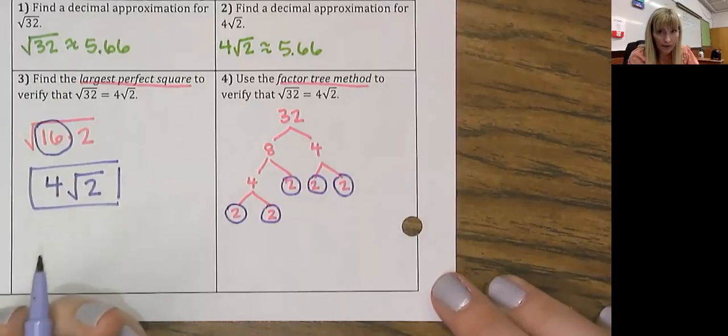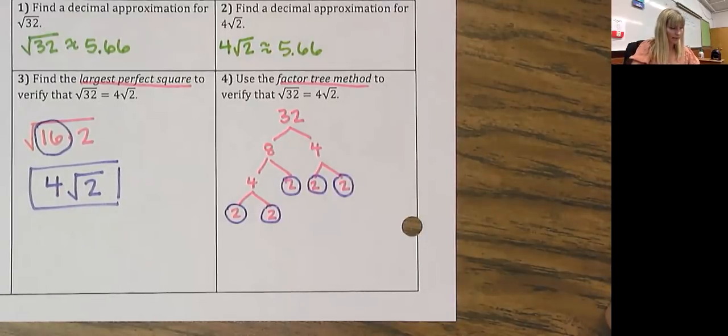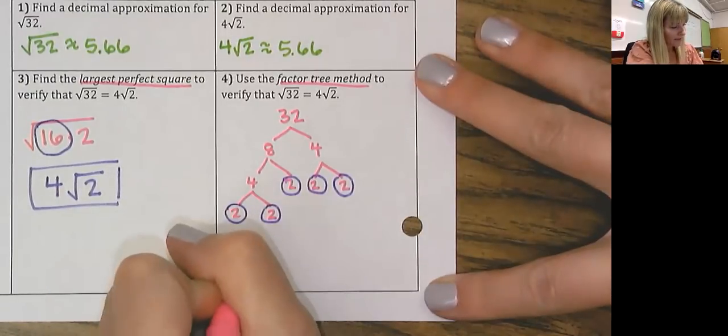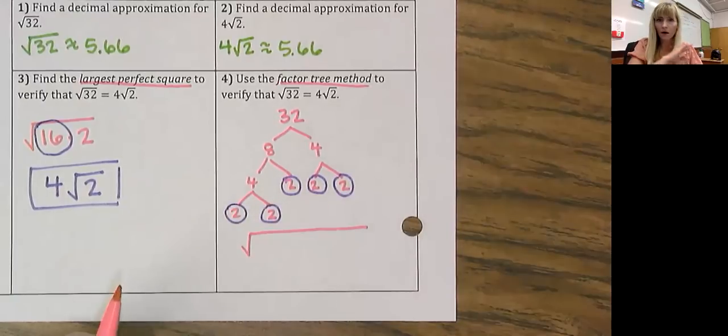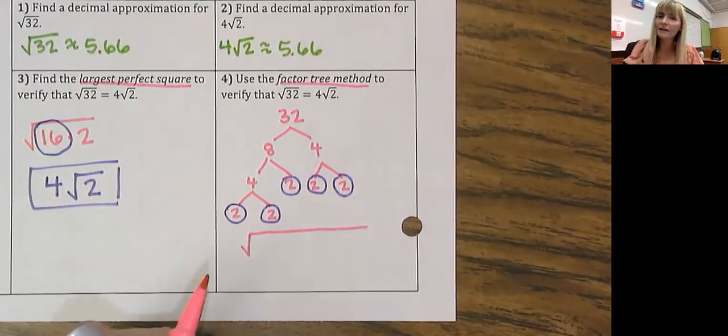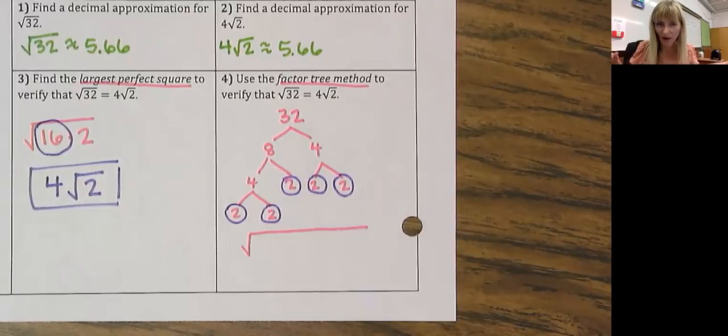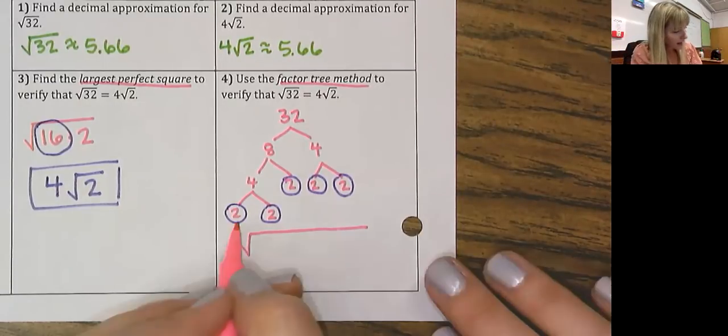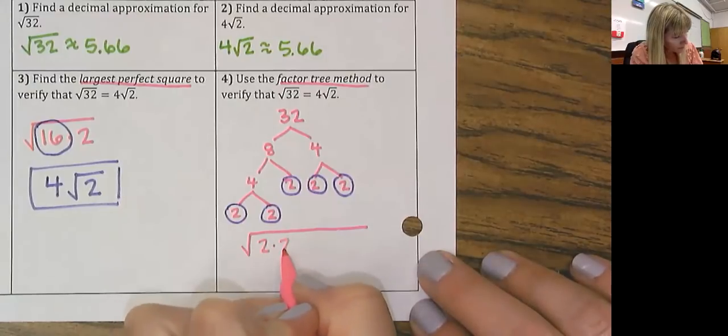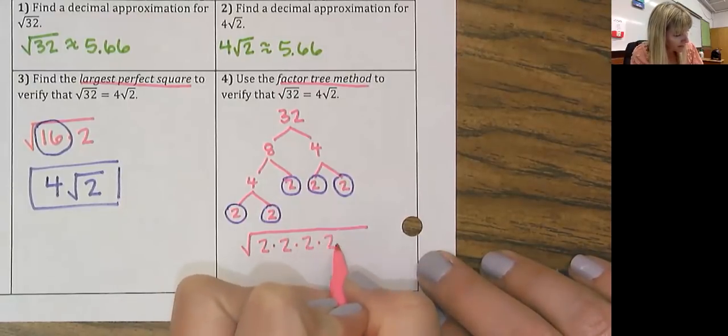Now I'm going to put the radical back there. I haven't actually square rooted anything. All I did was factor. The verb that I did here was factor. And I got 1, 2, 3, 4, 5 2s.